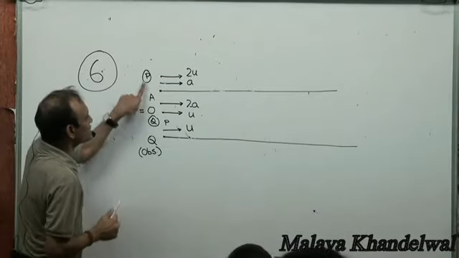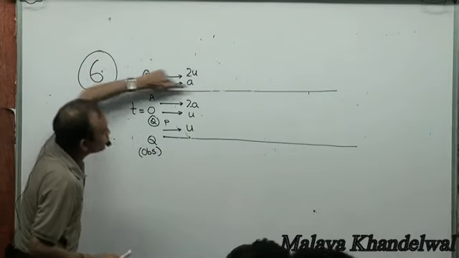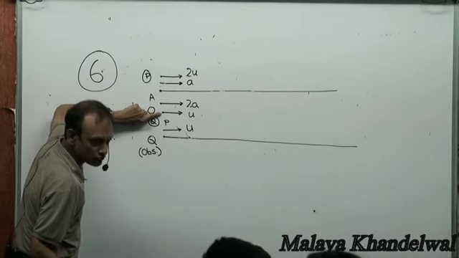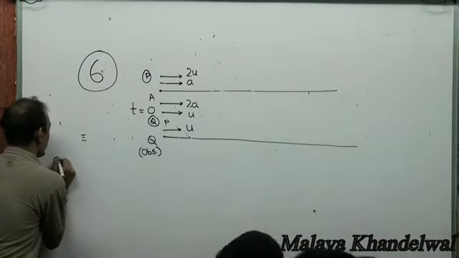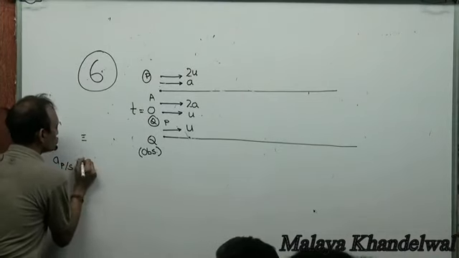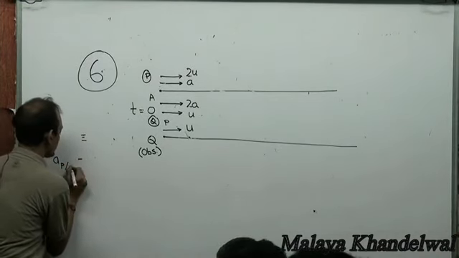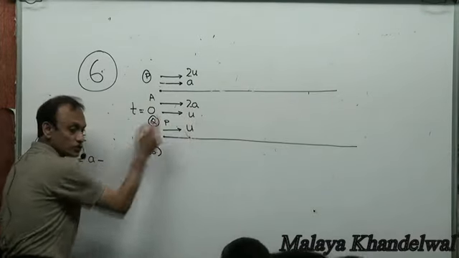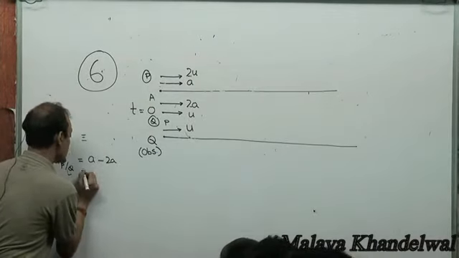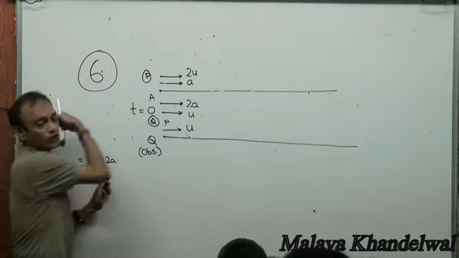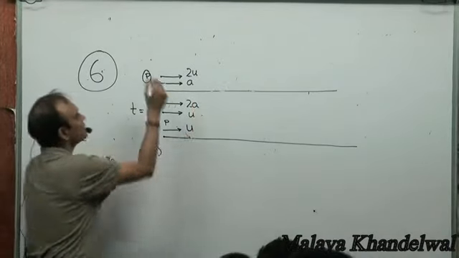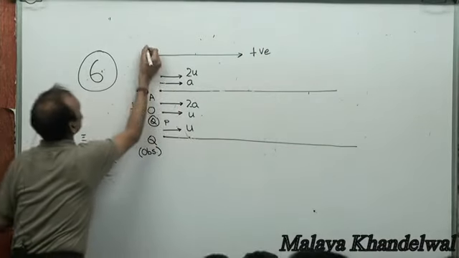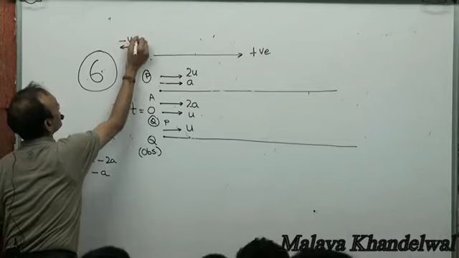Now, what is the acceleration of P? It's not going to be A to the right. It's going to be acceleration of P minus acceleration of Q. So acceleration of P as seen by Q is going to be A minus 2A, which is minus A. I've chosen rightward positive and leftward negative.